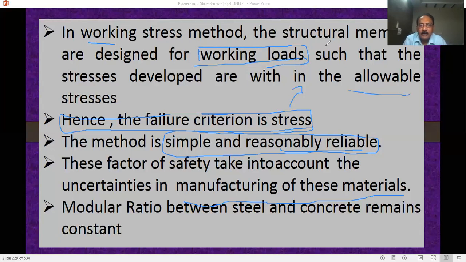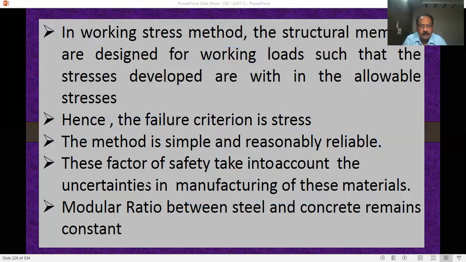Every steel made in the industry may not be good, because quality depends upon material, air content, or some condition, so manufacturing defects may be there. That's why these factors of safety are considered in the working stress method.